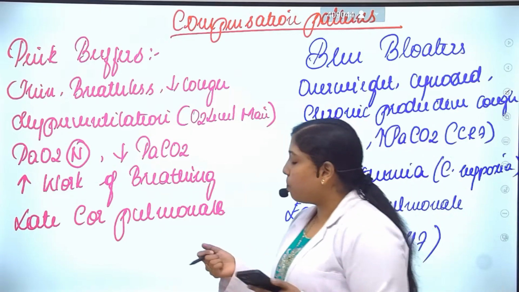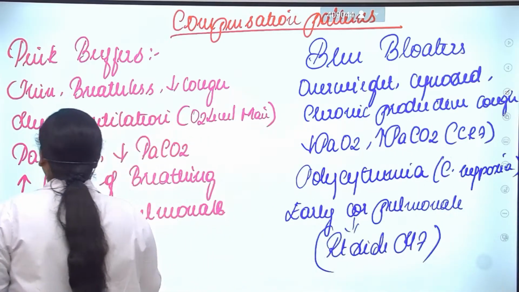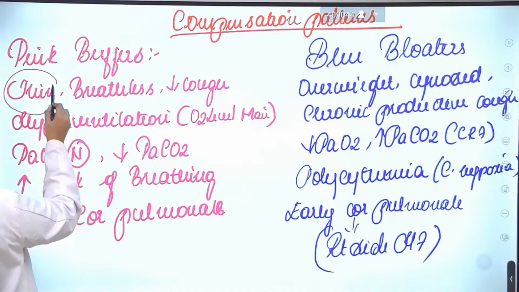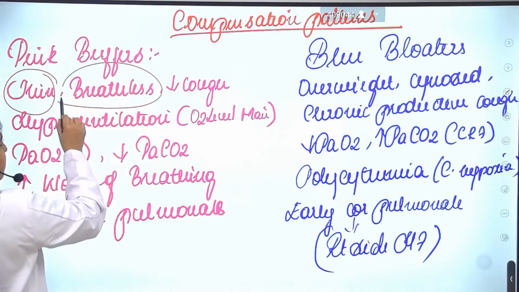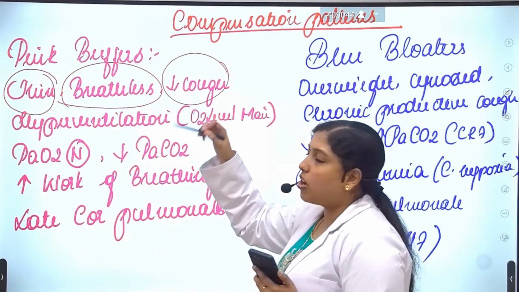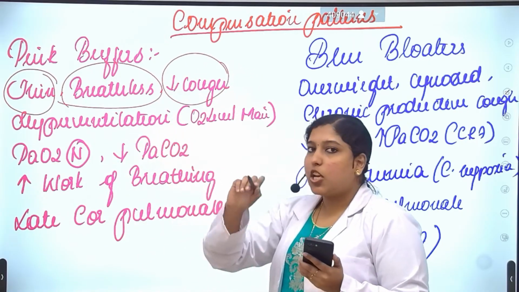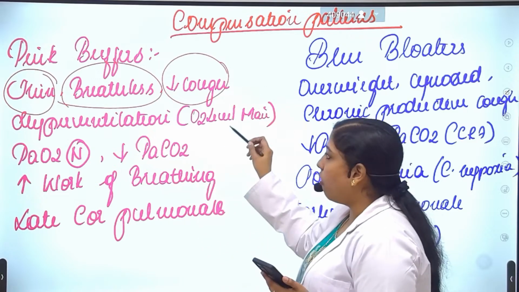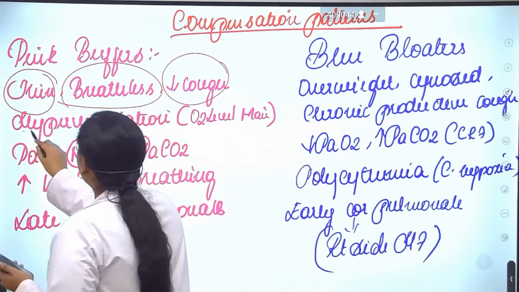Because of that, they will have excessive weight loss. That's why the patient is looking thin, and they will have breathlessness, and there will be no cough. Here you have to understand the patient is not having any excessive mucus production in case of emphysema, so there will be no cough. And the patient will have hyperventilation.